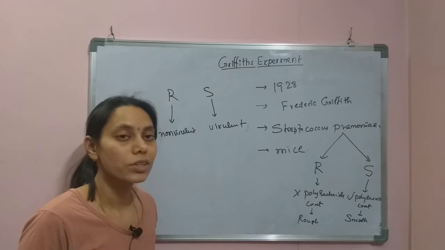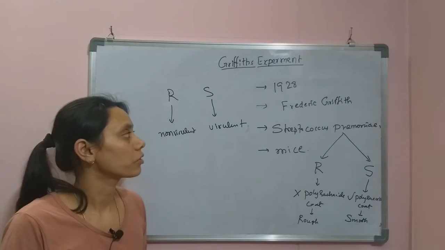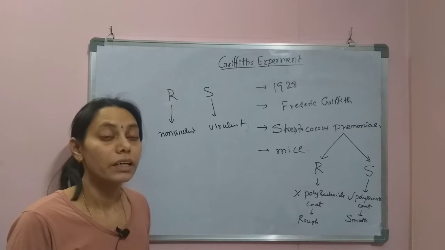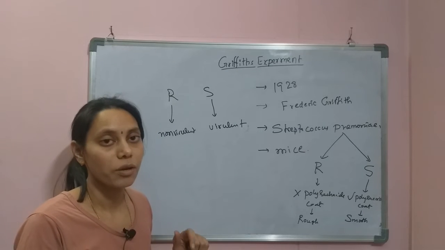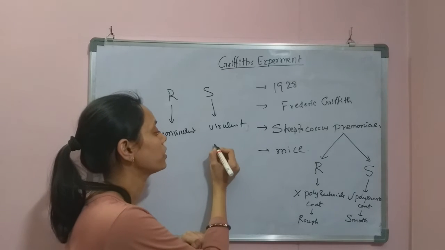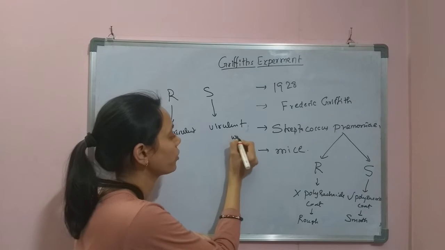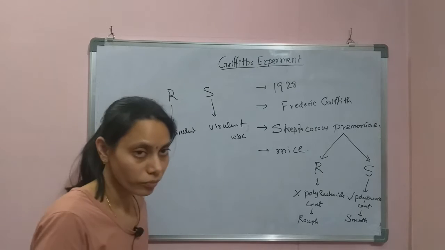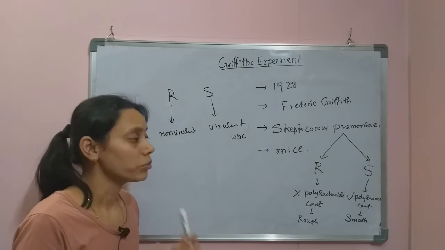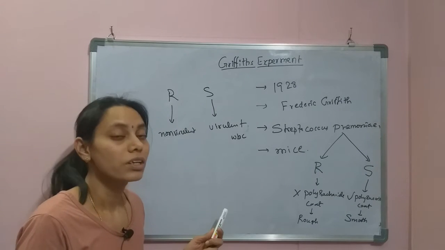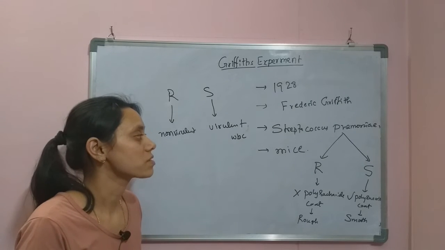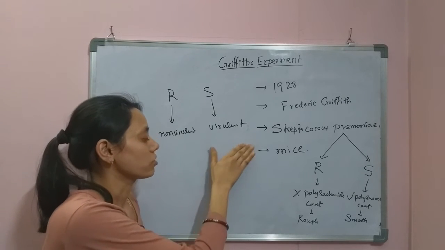Due to the presence of the capsule around the smooth strain, it is able to escape from engulfment by the WBC of the mice cells. So, it will escape from the white blood cells, and hence it can cause the infection.